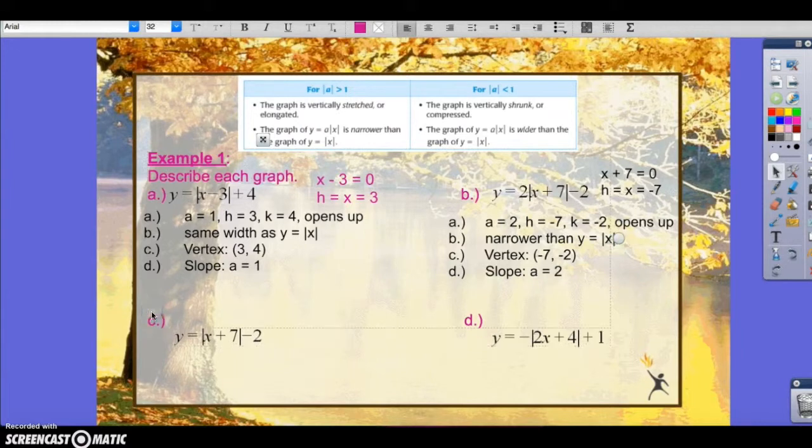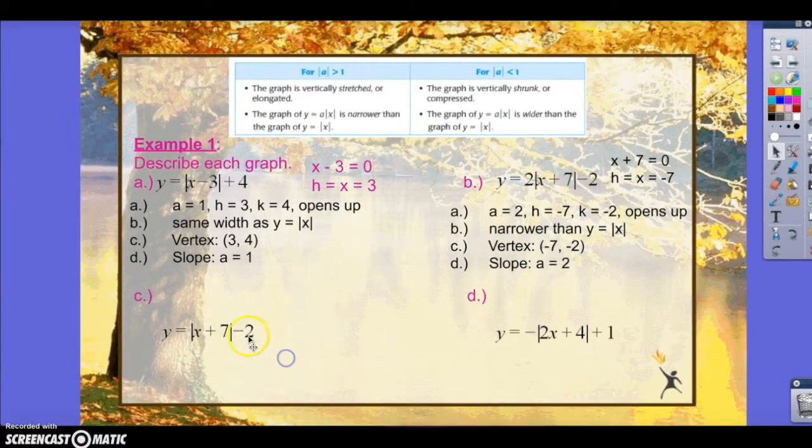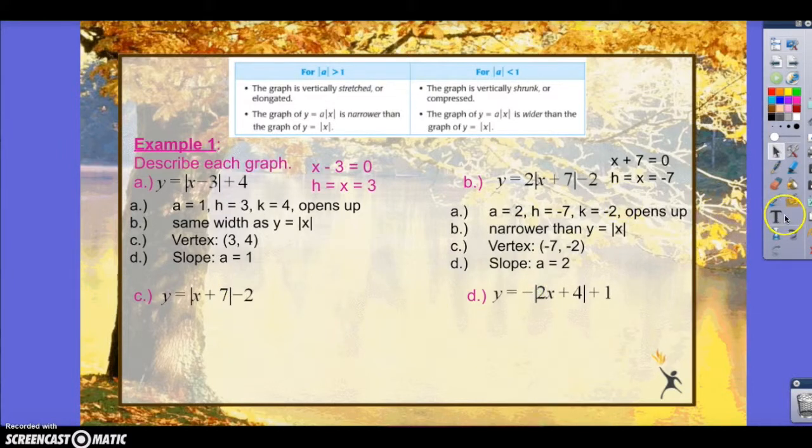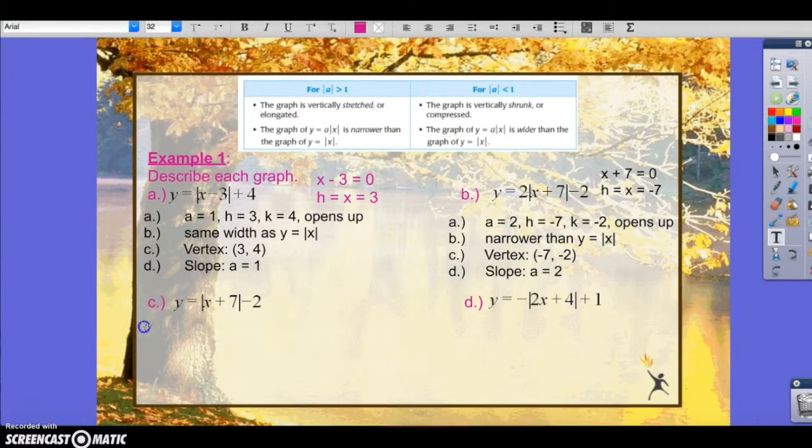Let me give myself a little room here. Okay, so let's try C. Once again, same thing. a equals 1, h equals -7, k equals -2.